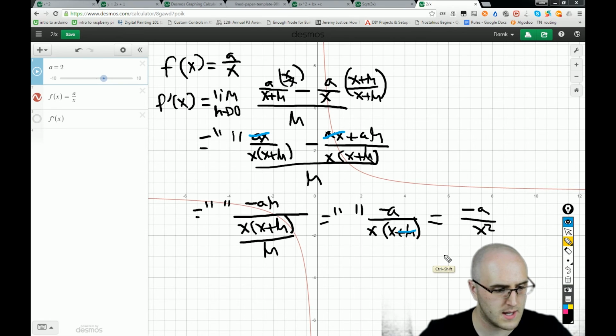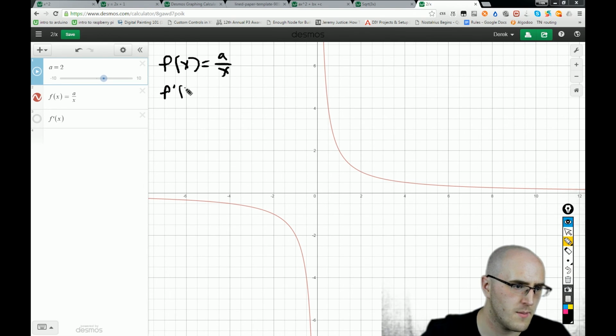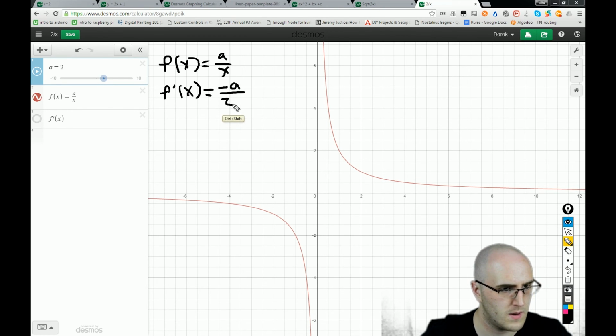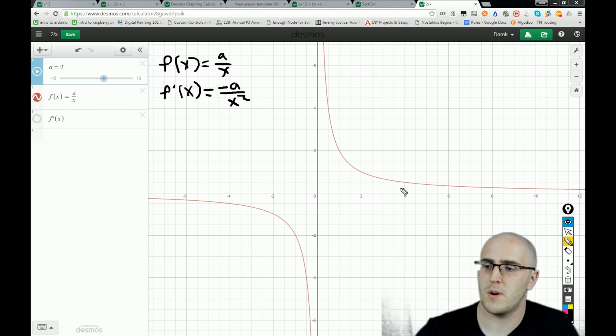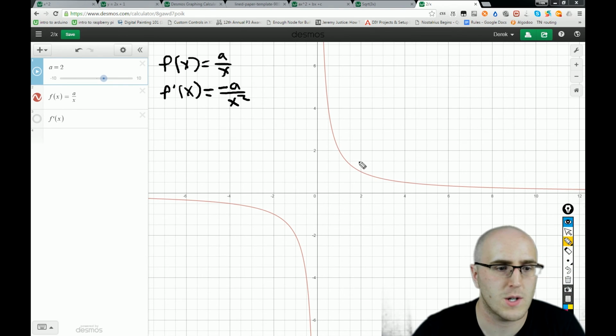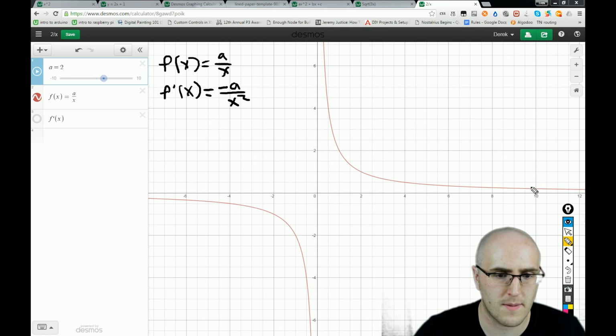All right, so let's jump back to the beginning. We have f of x is equal to a over x, and our f prime of x is equal to negative a over x squared. Let's talk about how this fits into what we described earlier as our idea for what the function should look like. Remember that our slope approaches 0 as we go off into infinity, which it does.